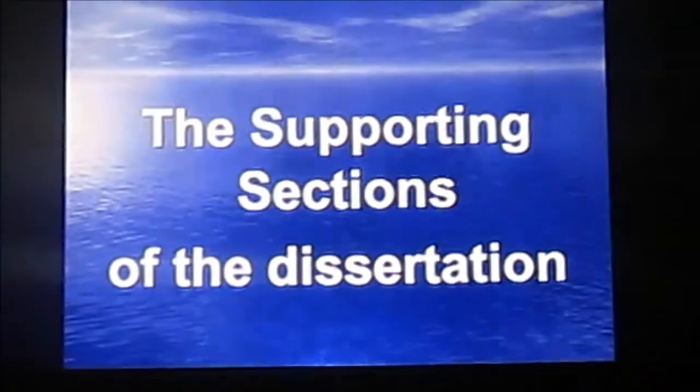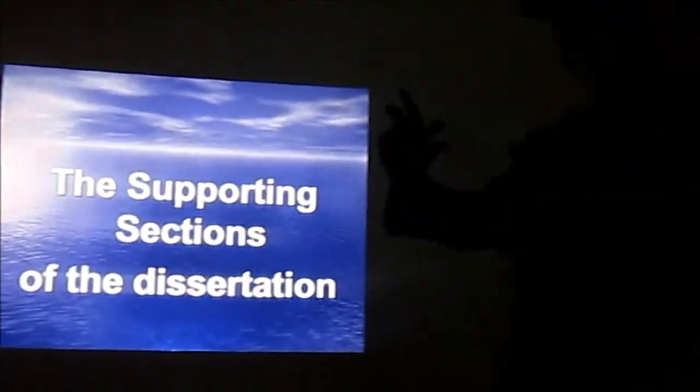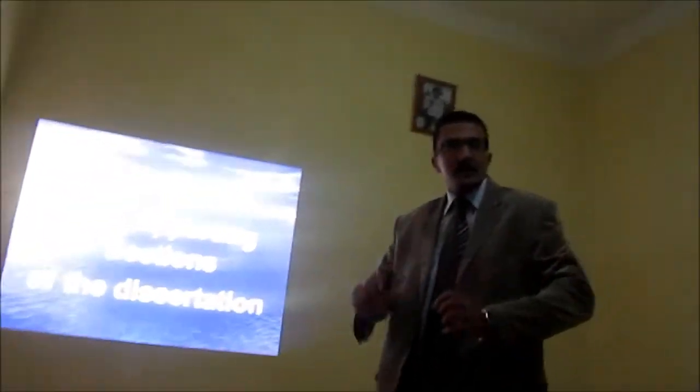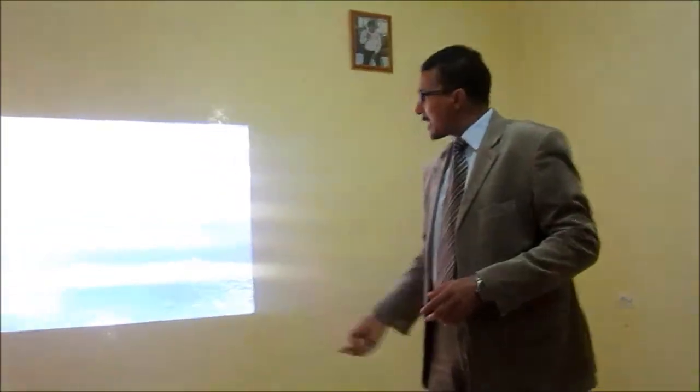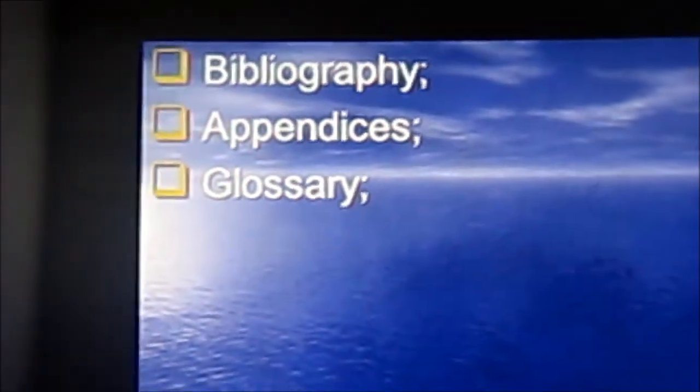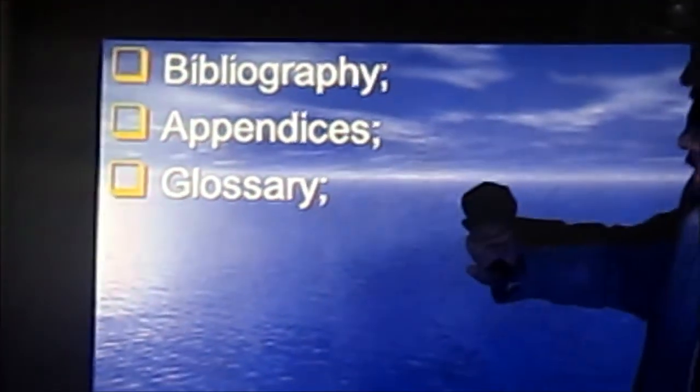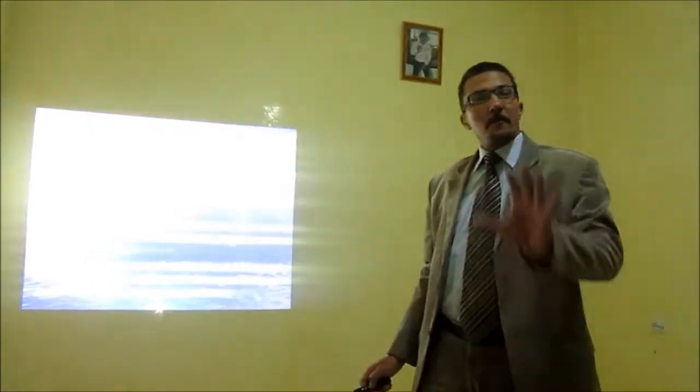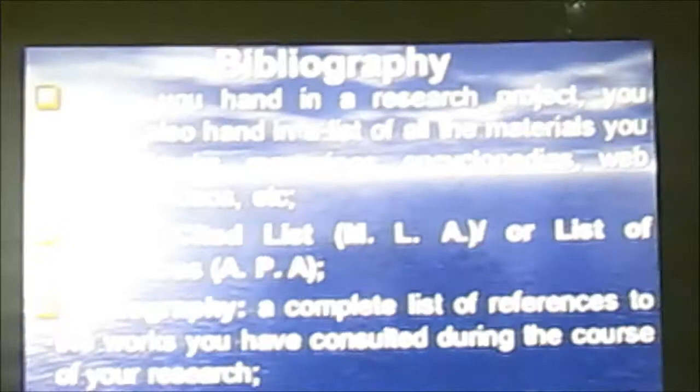All right. As I've already said, we have some compulsory and optional materials. The supporting sections of your dissertation include your bibliography, appendices, and glossary. As I said, out of these 3, some are compulsory and some are optional. I'm going to start with the compulsory item.